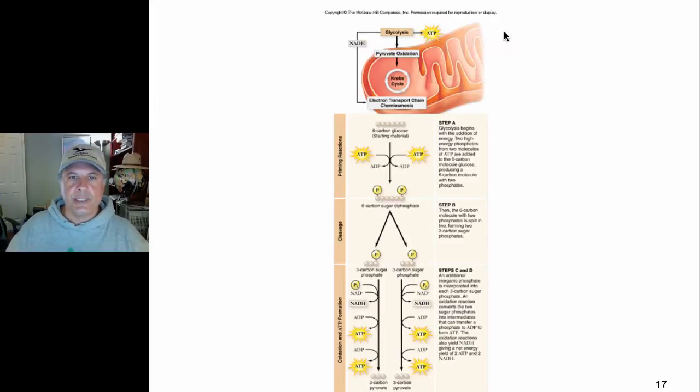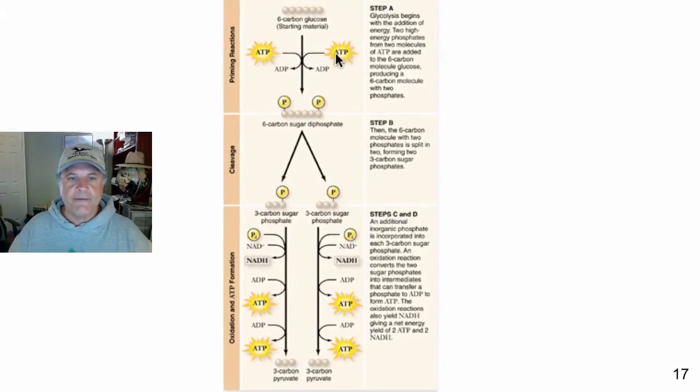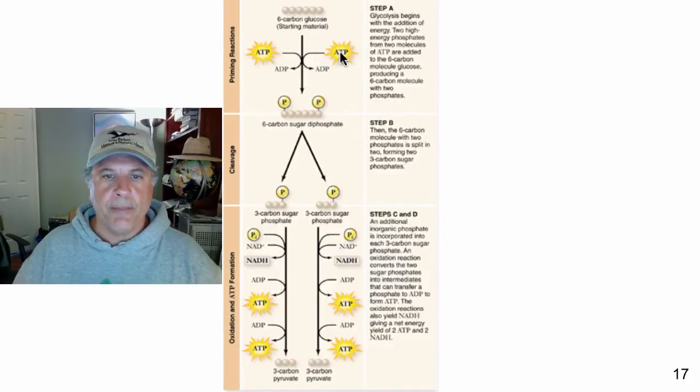So let's look first at an overview of glycolysis. We start with a 6-carbon glucose molecule, and we have to input energy into the process at the beginning. So there is an energy investment phase at the first part of glycolysis.